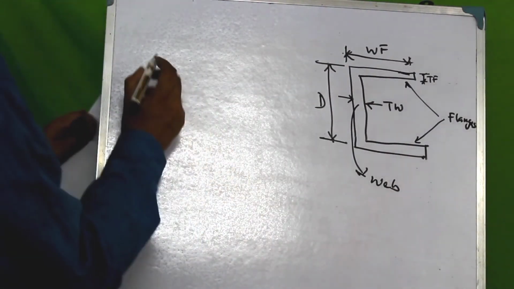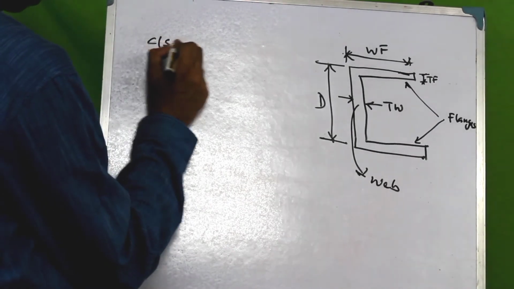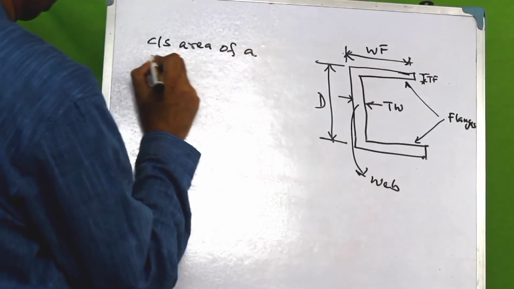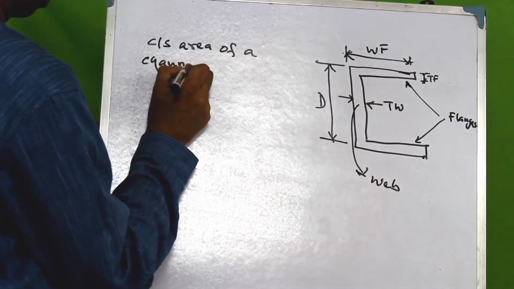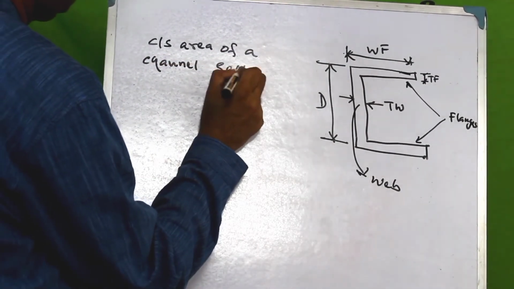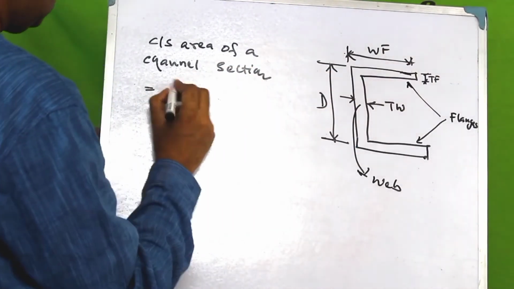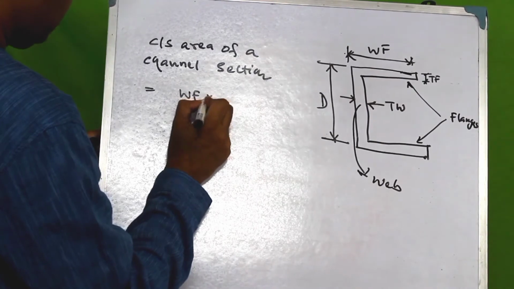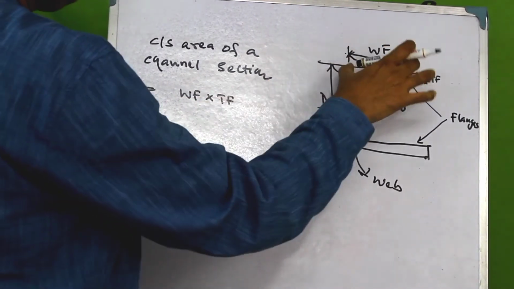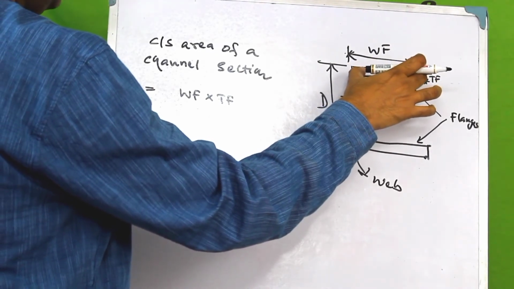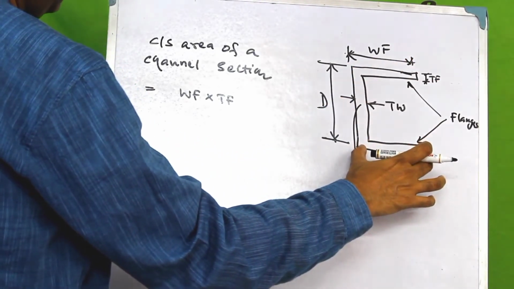So the cross-sectional area for a channel section would be calculated as, so this width of the flange into the thickness of the flange for the top flange. Now exactly the same dimension is here, right?